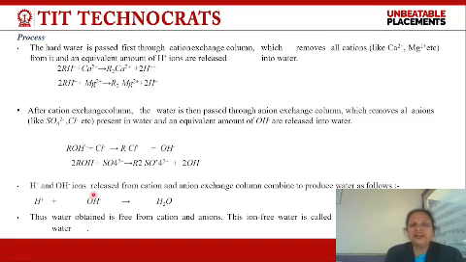Hydrogen and OH ion released from the cation and anion exchange columns combine to produce water as follows. And that was our target. Thus, water obtained is free from cation and anion. This anion-free and cation-free water is known as deionized or demineralized water.